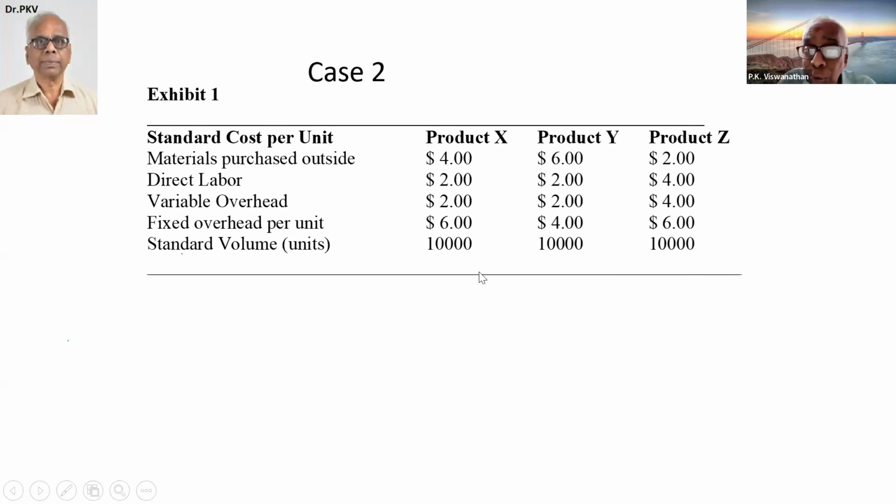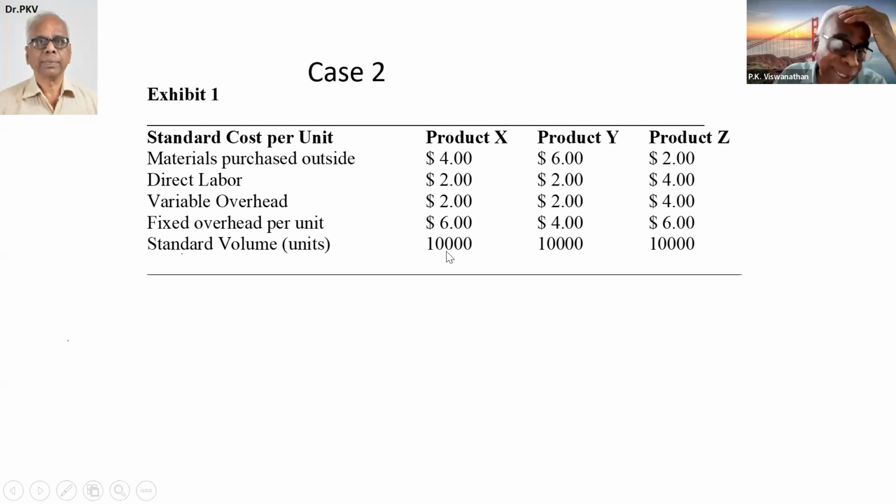In other words, if I produce 5,000, it will not be 5,000 into 6, 30,000. You will still have the fixed cost of 60,000. You get the point. Fixed cost is the sunk cost. It is just in the design part, I am just saying fixed overhead per unit on the basis of 10,000 units we plan and produce.